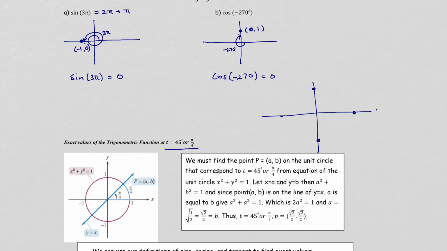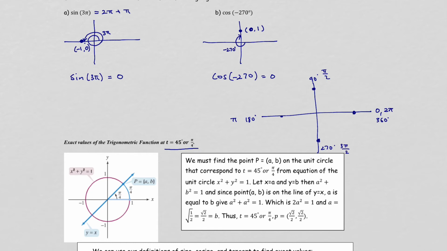This is going to be 0 or 2 pi or 360 degrees, right? This is 90 degrees, 180 degrees, or 270 degrees, or we have pi over 2. So these are important radian measurements that you need to remember, right? Pi over 2, pi, and 3 pi over 2.